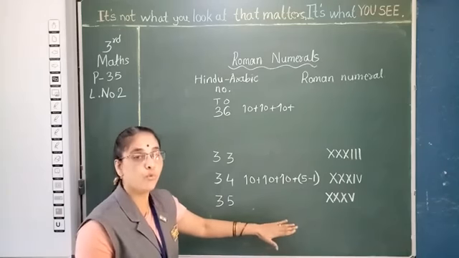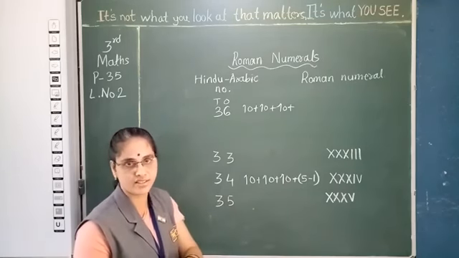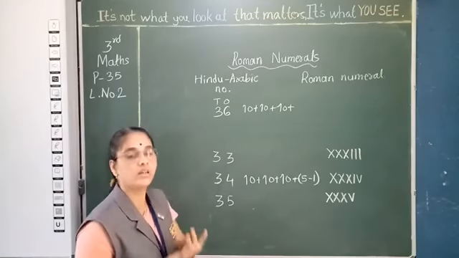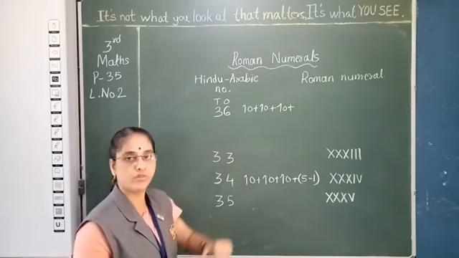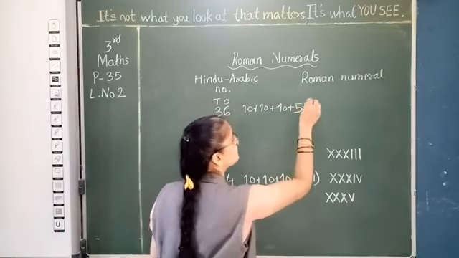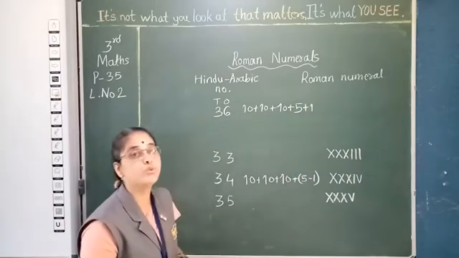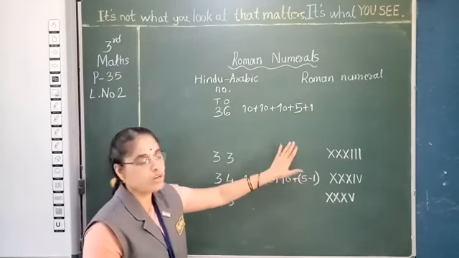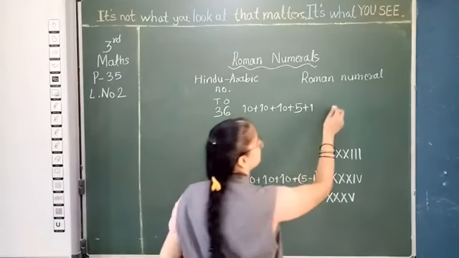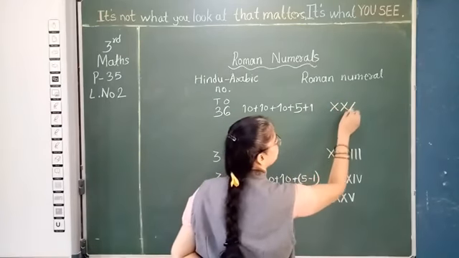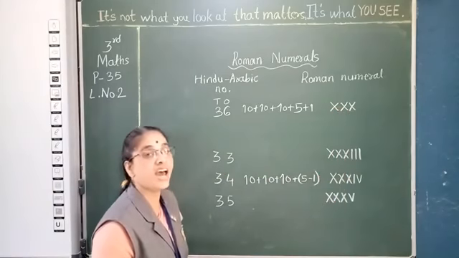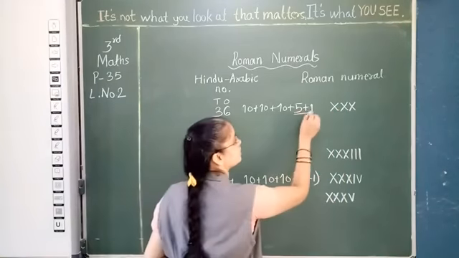If you add 1 to 5, you get the answer 6. So you add 1 to the number 5 so that you get 6. So here it is 5 plus 1, because there is a symbol for 5, so we write 5 over there. Now how do you represent this? XXX, then 5 plus 1. As here we are doing the addition.